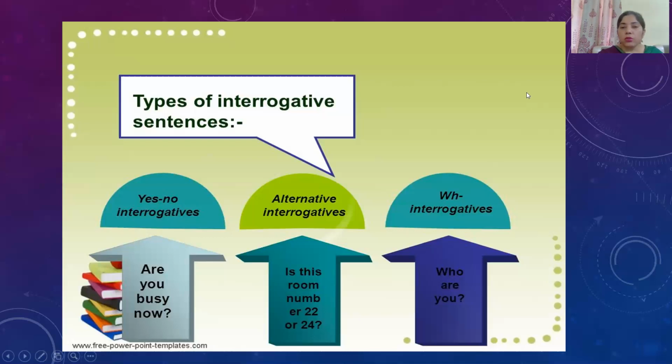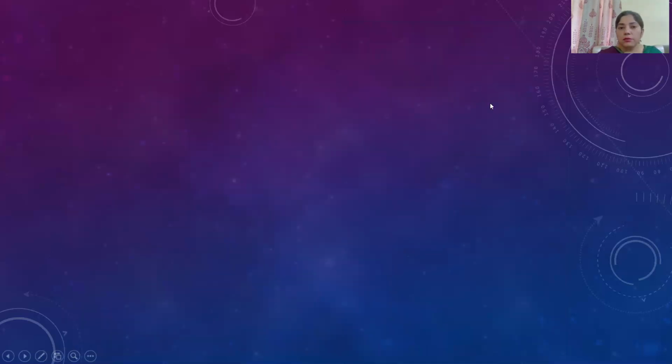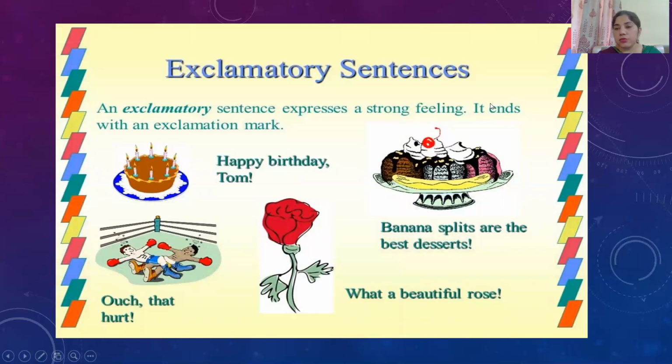The last and the fourth type of sentences are exclamatory sentences. As the name itself suggests, they end in an exclamation mark and they help us to express very strong feelings or emotions. For example, happy birthday, Tom. The feeling of happiness. Ouch, that hurt. Feeling of pain.